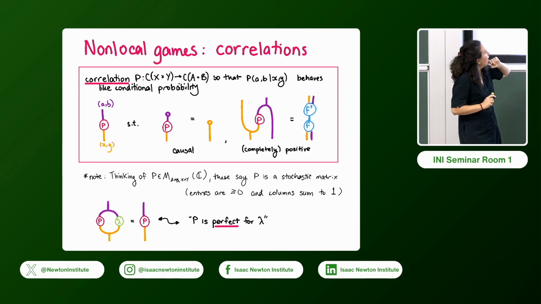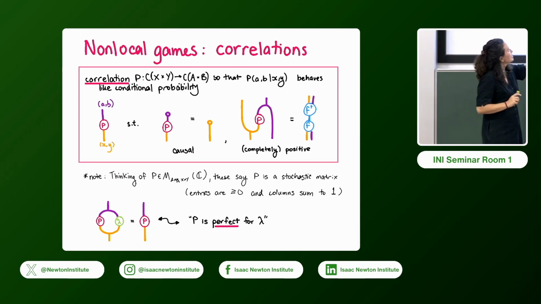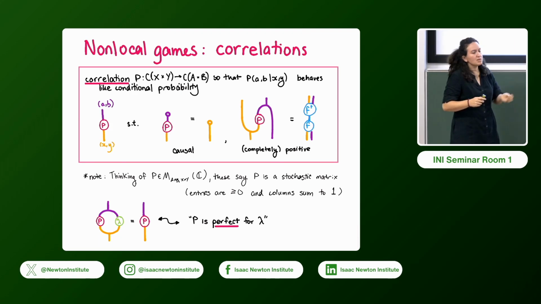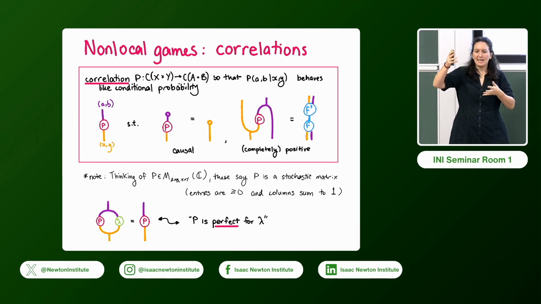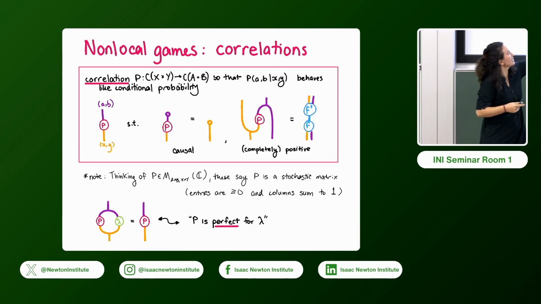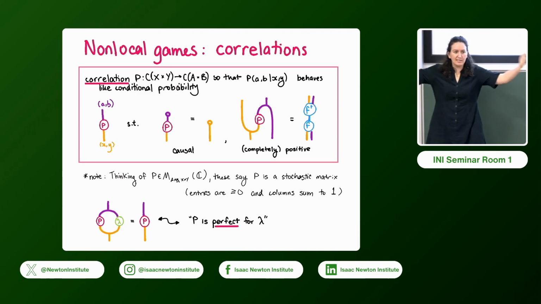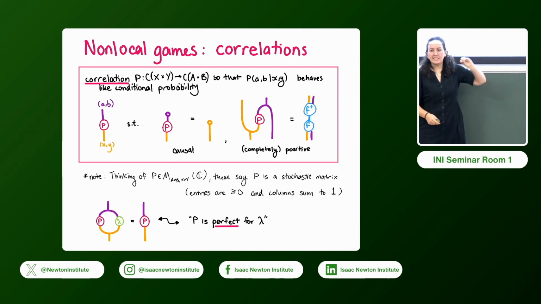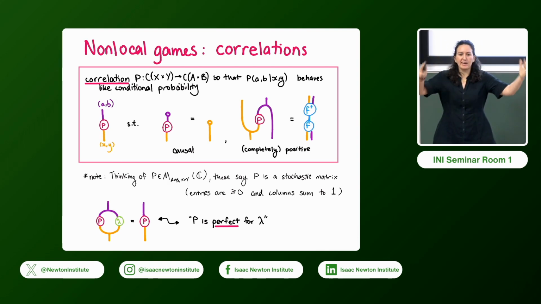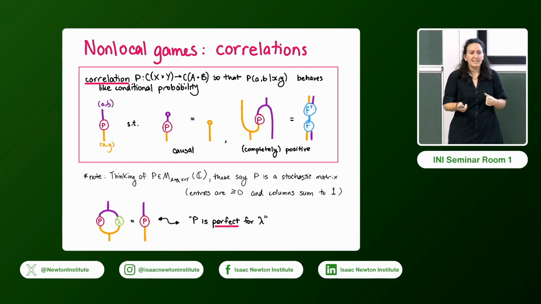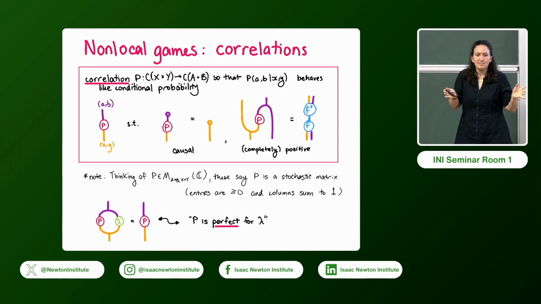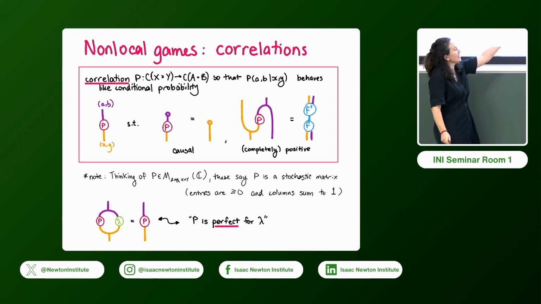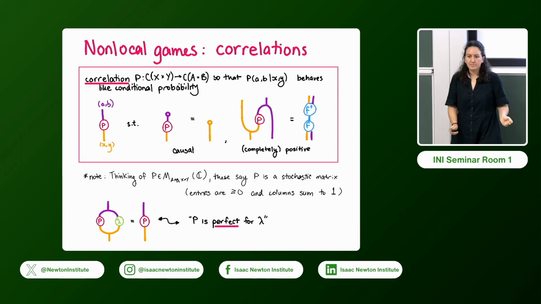Okay? And it has to be completely positive, which means that some version of your map in which you've copied both questions and answers and kept track of them, as well as additional information, in a new, bigger linear map, is positive. It's not that P should be positive, but that the bigger composite should be positive. And that's actually equivalent to complete positivity in some sense. But in the classical case, this is just the same as saying that the entries are non-negative. Okay.